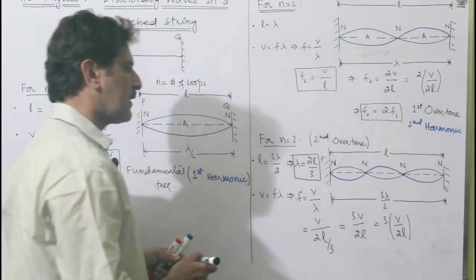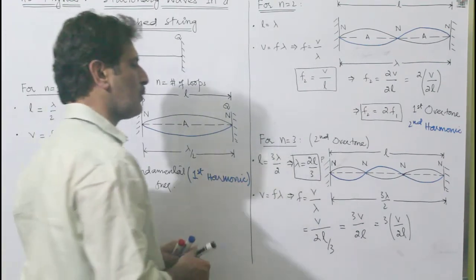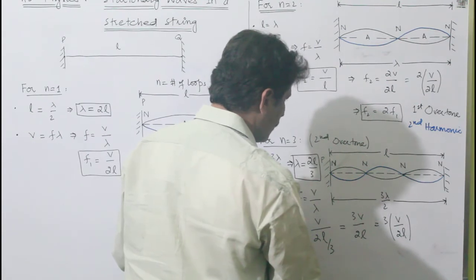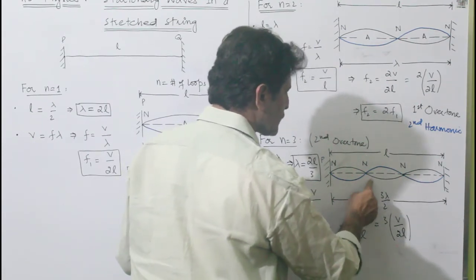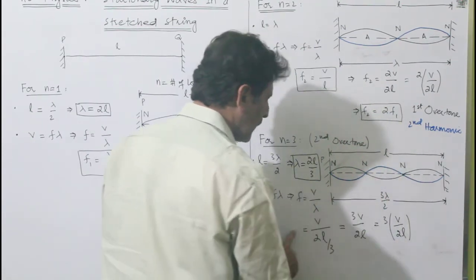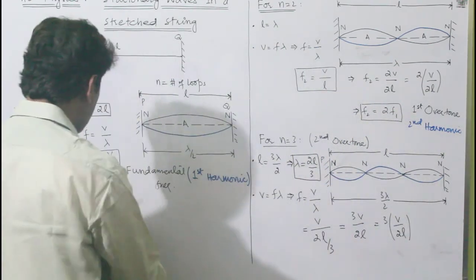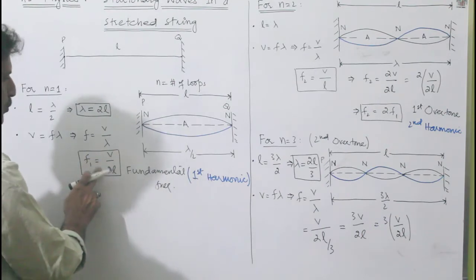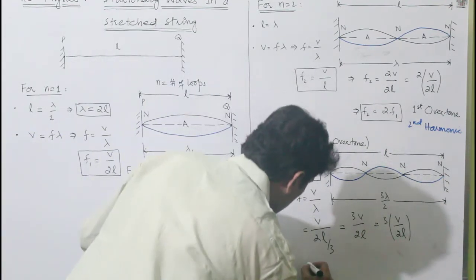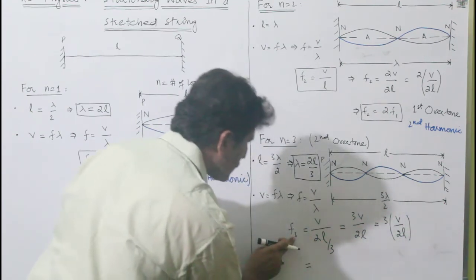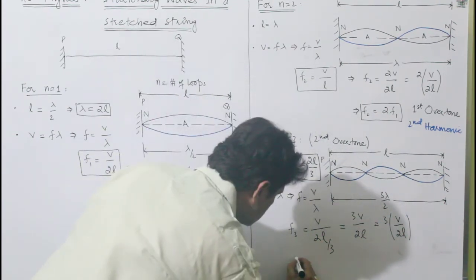Why are we writing this equation in this form? Because we want to show the frequency of the stationary waves generated when there are 3 loops in terms of the fundamental frequency, because the value of the fundamental frequency is f1 is equal to v over 2L. So we can write here f3, this 3 shows the 3 number of loops.